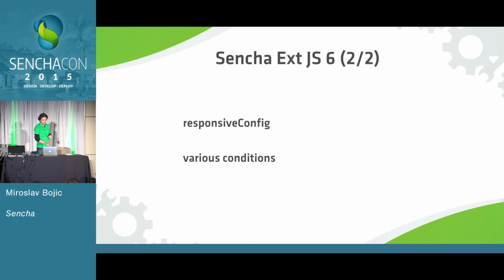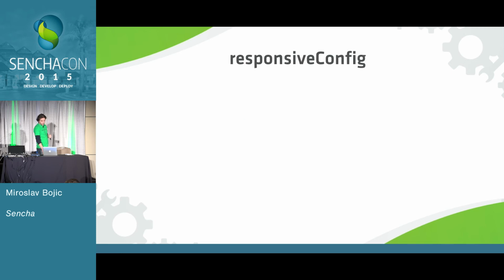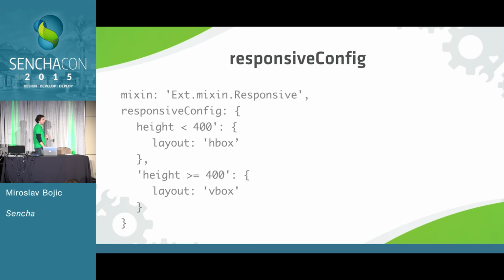And finally, if these things are not enough, you can define your own responsive formulas, which you can make as detailed as you want, basically defining either the various properties or various viewport configs that you need to look at to decide how your component is behaving, or even use some kind of functions or code to make a more informed decision. So responsive config, that looks something like this.